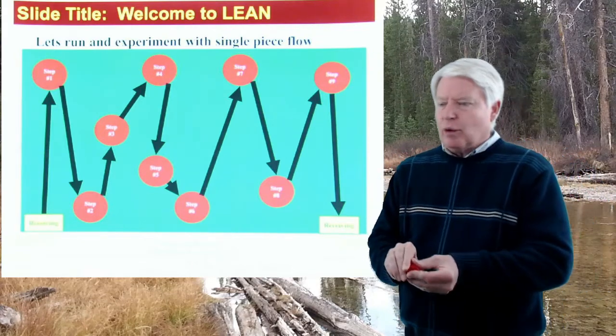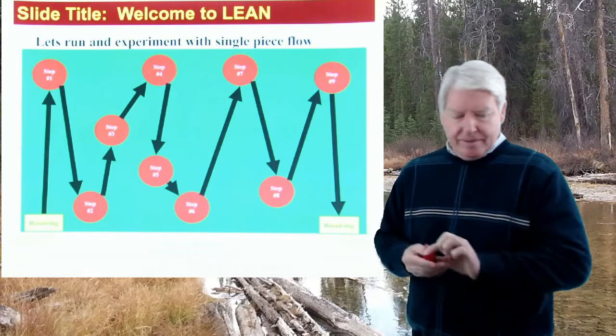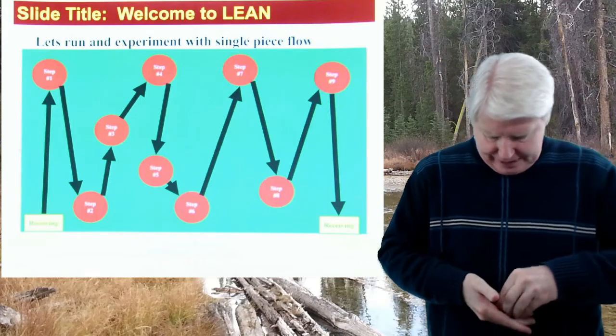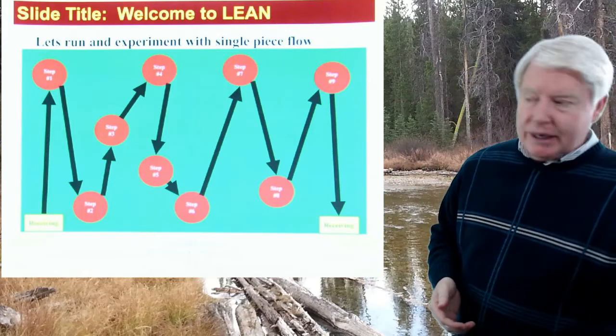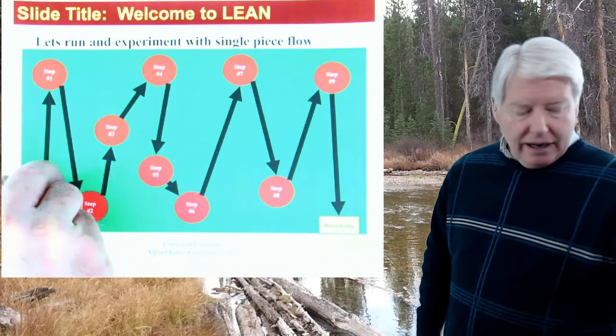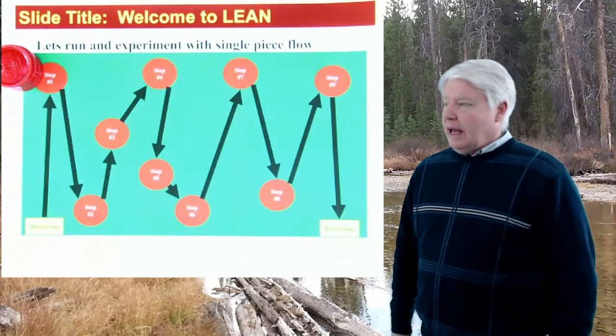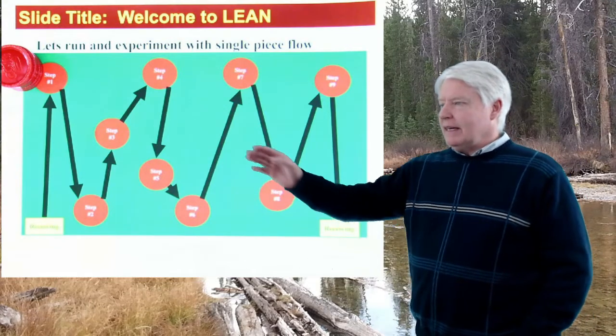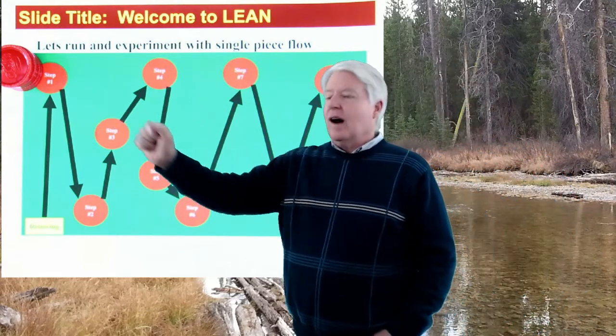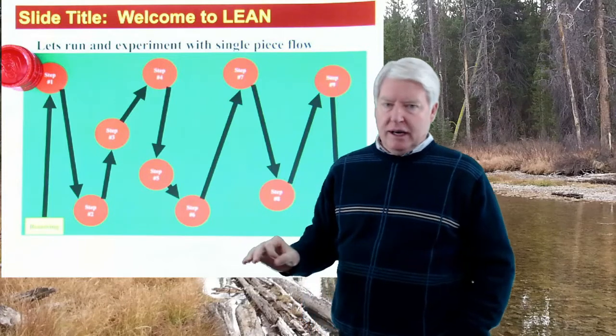So I have 5 widgets here that the customer's ordered. And I line them all up, and it comes in the receiving dock right there, and I take them up to step number 1. And now I'm going to build all 5 of these in step 1. It's called lot production or batch production.